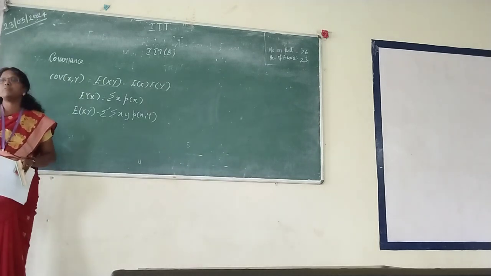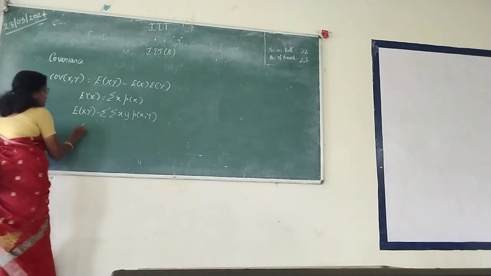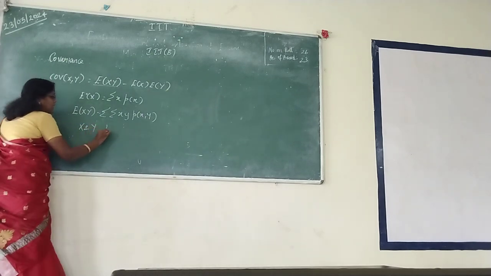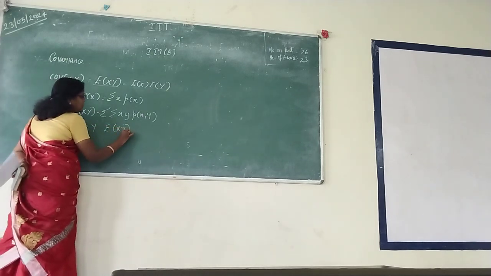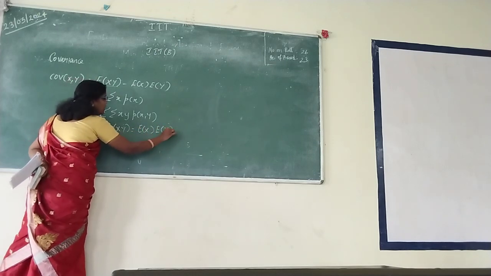So how do you define covariance? E of xy minus E of x into E of y. So what will happen if x and y are independent? If x and y are independent, expectation of xy will be equal to expectation of x into expectation of y.